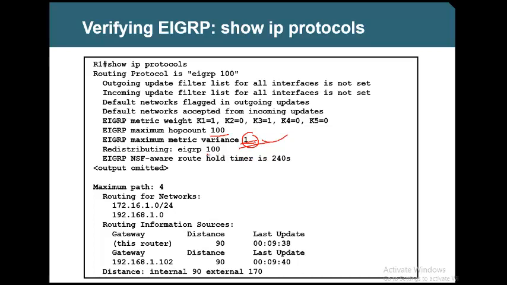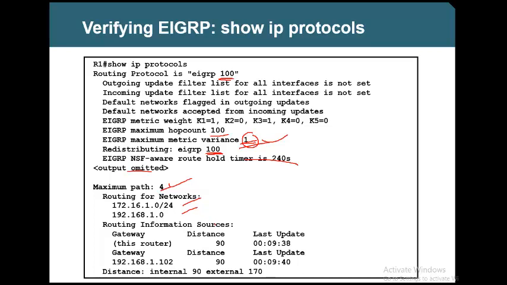It will redistribute the routes of only EIGRP 100. These timers are all not needed and some are omitted. The maximum paths: if you have multiple paths and all have the same cost, only 4 can be used, any 4.